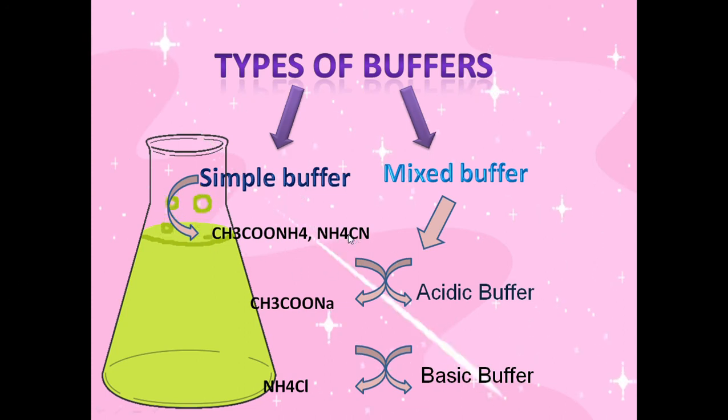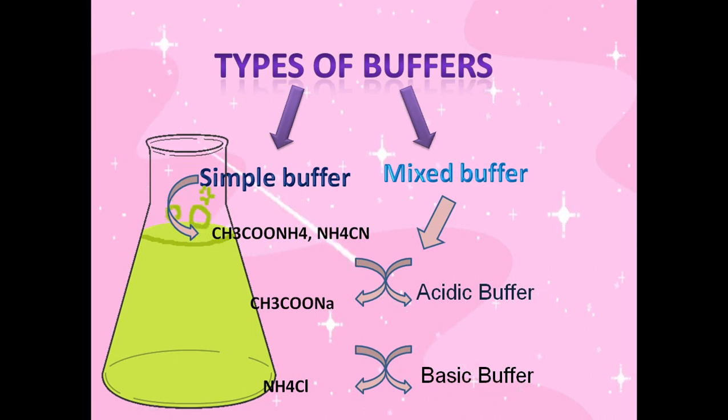And if you come to the mixed buffer, there are two kinds: acidic buffer and basic buffer. In an acidic buffer, you have a strong base and a weak acid, like here, formed when NaOH is reacted with acetic acid.